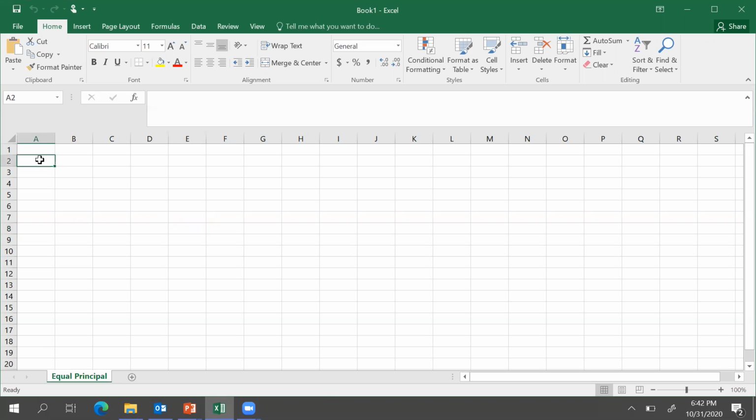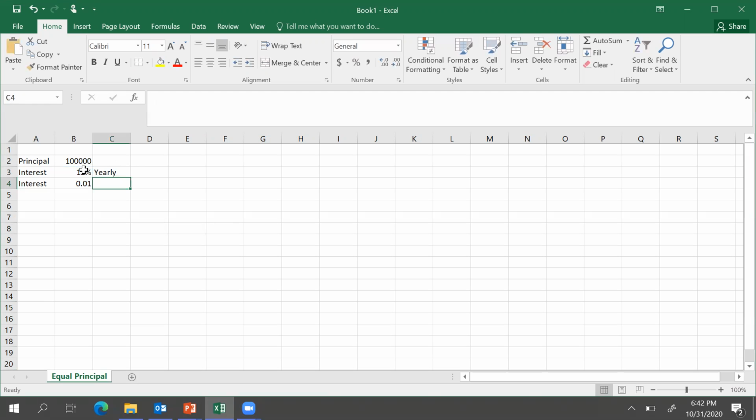Now, suppose we are talking about a loan of amount 100,000 and the interest is suppose 12%. Now, this interest is yearly interest. Suppose if we want to find out the monthly interest, we can divide this by 12.